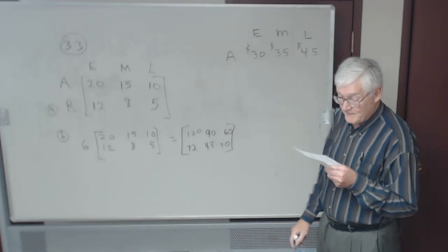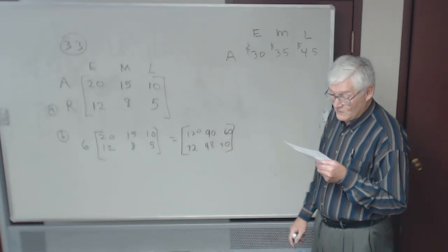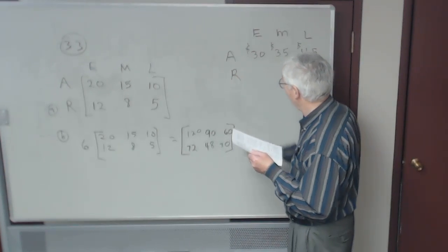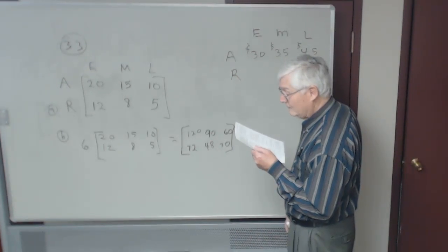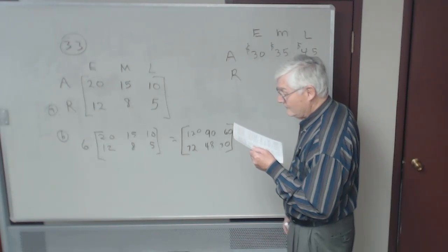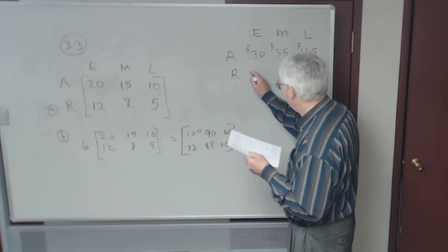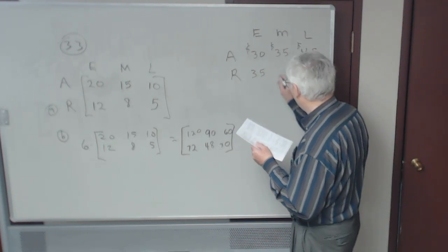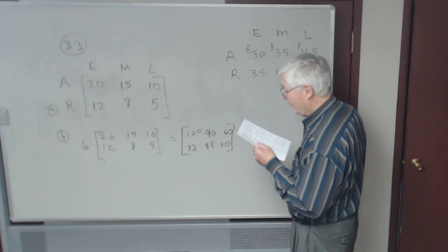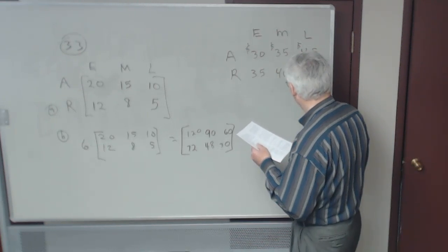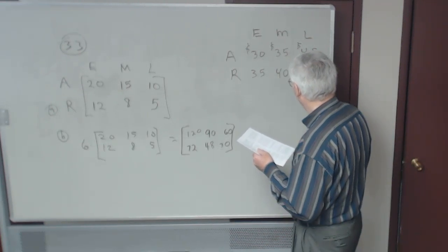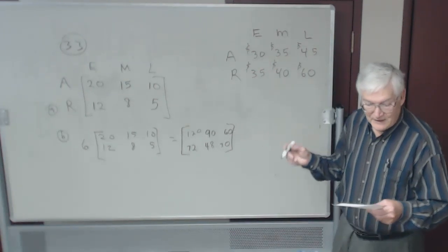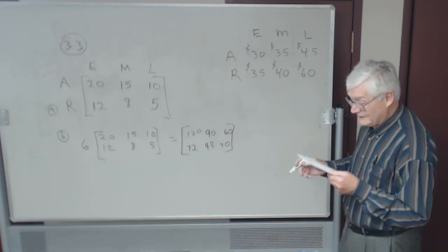Follow what's going on? And for rockers, what's the economy cost? 35. 40, and 60. See what I'm doing? I'm taking the information in a paragraph and making a matrix.